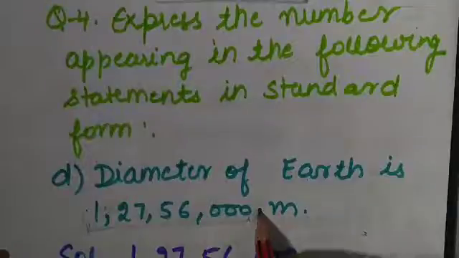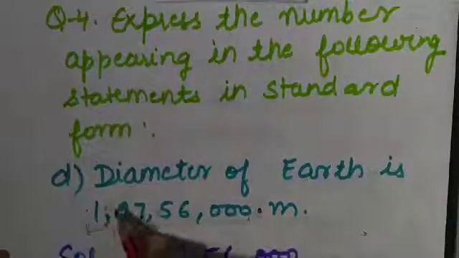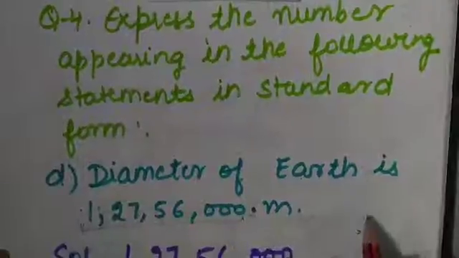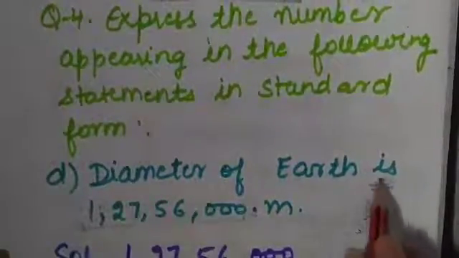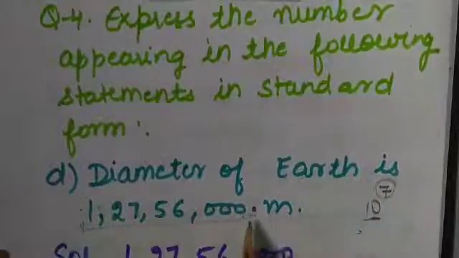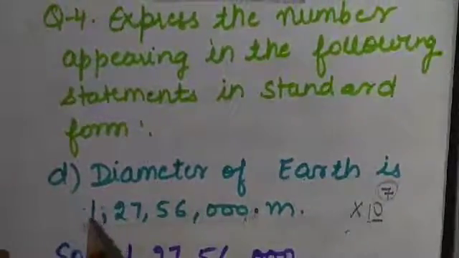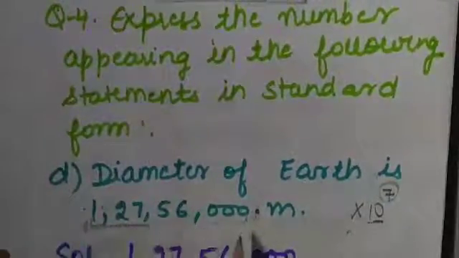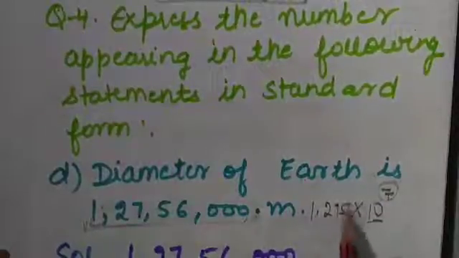So how many places does it get shifted? 1, 2, 3, 4, 5, 6, 7. It gets shifted by 7 places. So we have 10 to the power 7, because 7 represents the number of places the decimal got shifted. Now I have to write the number between 1 to 10. So it will be 1.2756.